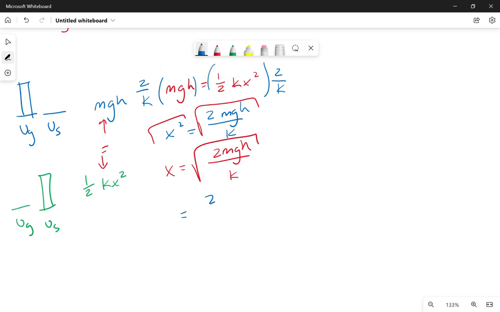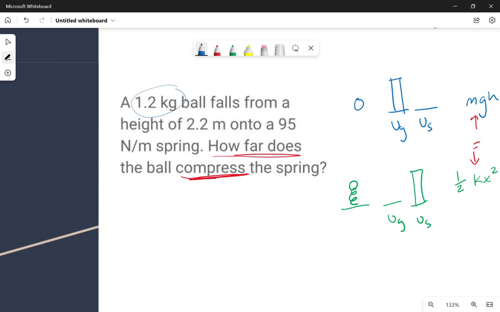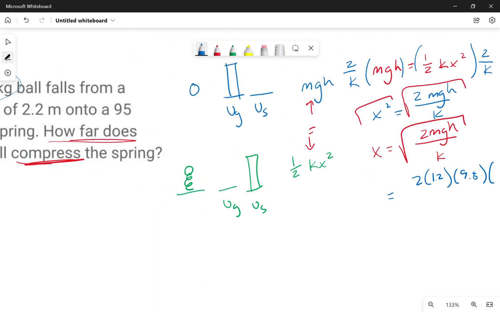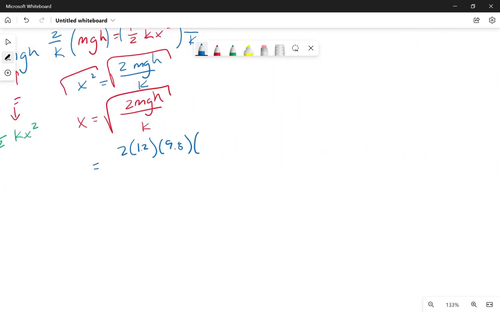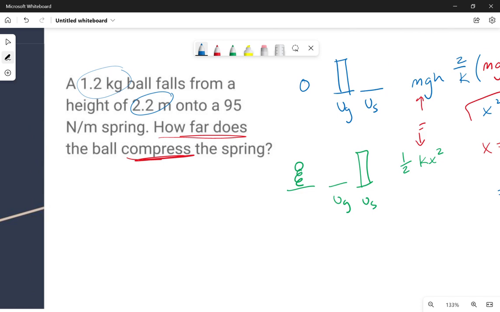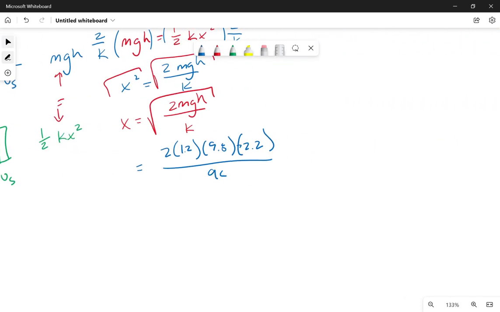Substitute numbers. So 2 times the mass, which was 1.2 kilograms, times gravity, which is always 9.8, and then times the height, which was 2.2 meters, and then dividing that all by the spring constant, which was this 95 newtons per meter. Square root.